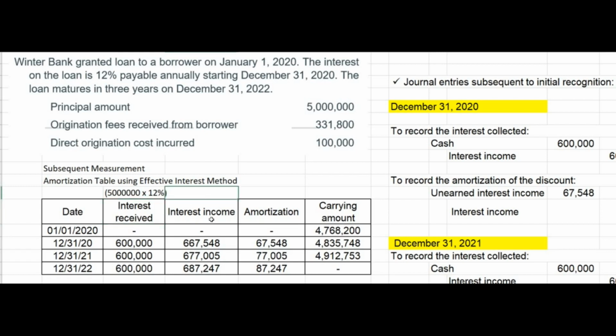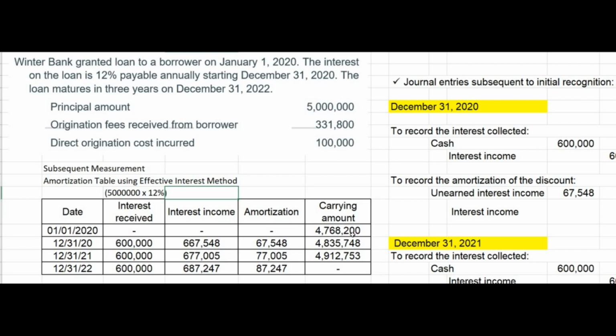Now, in this column, interest income naman, this is computed as your initial carrying amount times your effective interest rate. So paano ba natin i-compute yung effective interest rate? Basically, class, because the initial measurement is not equal to the principal maturity amount, diba? Yung principal amount natin ay 5 million, pero yung initial carrying amount natin ay 4,768,200.